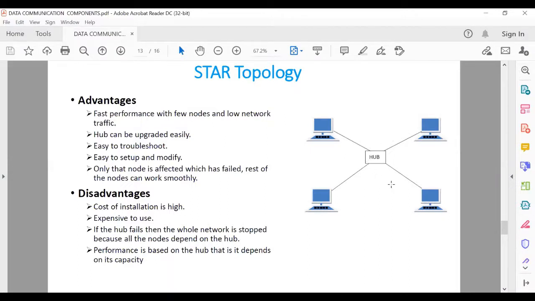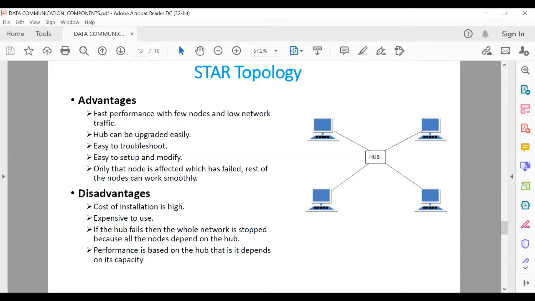There are certain features, like every node has its own dedicated connection to the hub. This hub acts as a repeater for data flow, and this can be used with twisted pair cable or optical fiber cable or coaxial cable also.